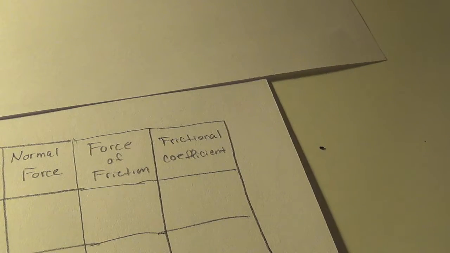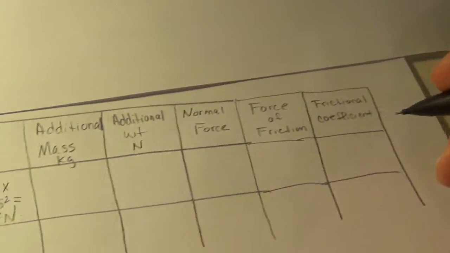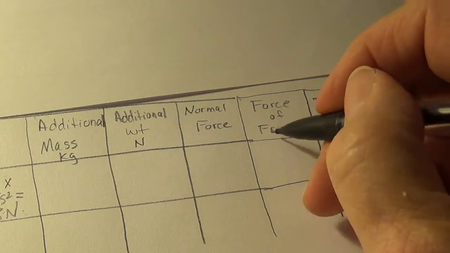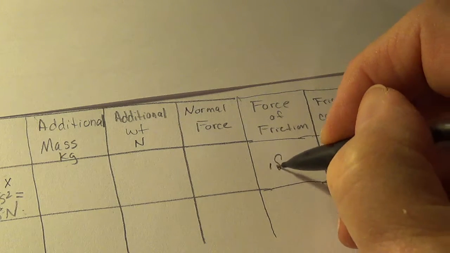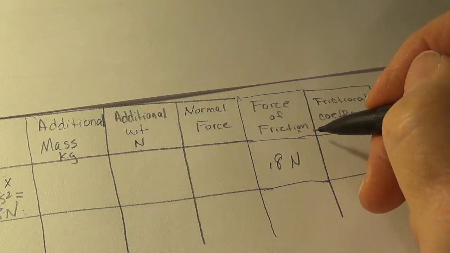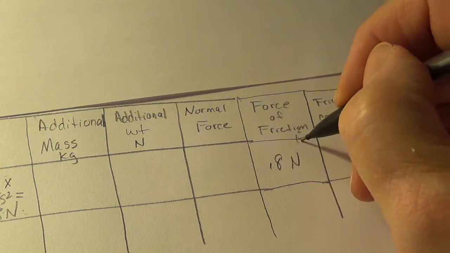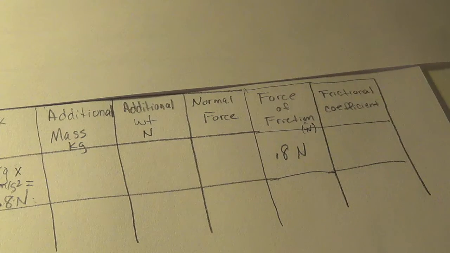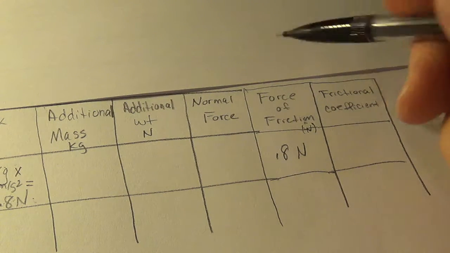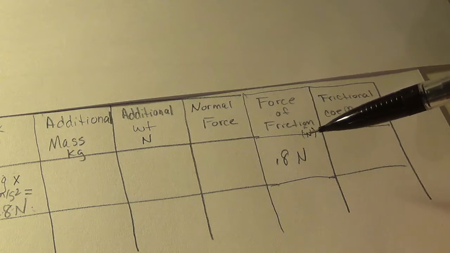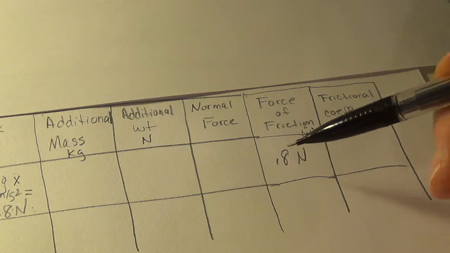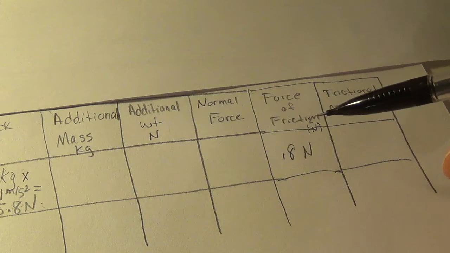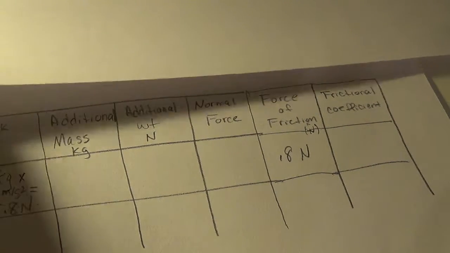And let's say that we get a frictional force of 0.8. That will go in this force of friction column here, and I think it'll say to measure it in newtons. So that's the actual force that was needed. We had to overcome the force of friction with this force in order to keep the block moving at a constant rate.